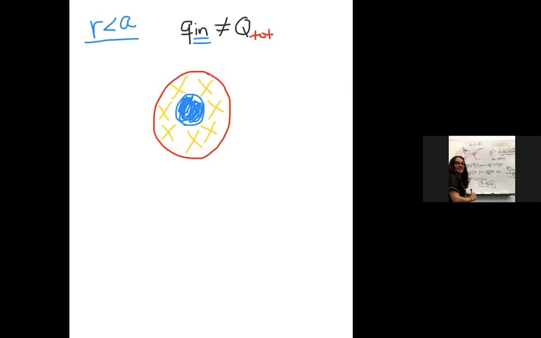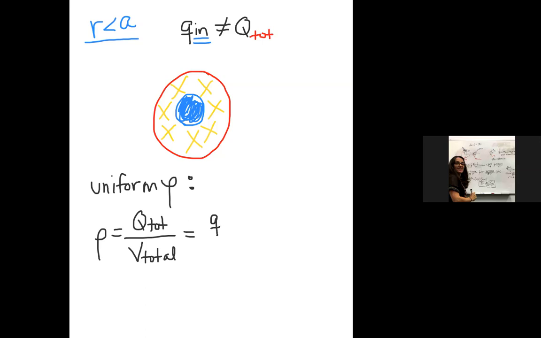So this had uniform volume distribution. The uniform means that I can write it as Q total over V total, means that I can write it as Q enclosed with my Gaussian over the V enclosed of my Gaussian, means I can write it as my little bit of Q over my little bit of volume.